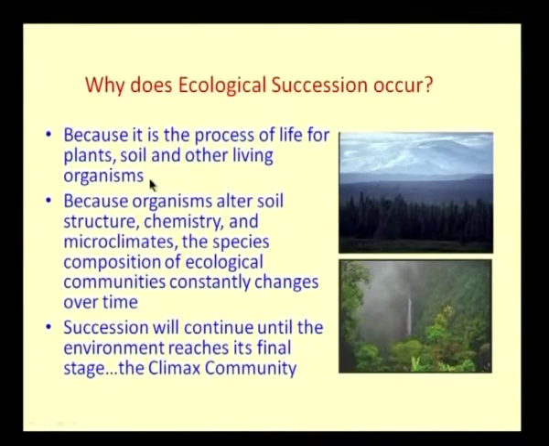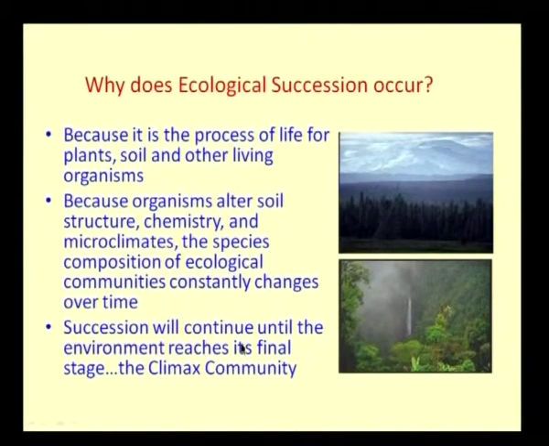And now we look at why the succession process actually happens in the original environments. This is because it is the process of life for plants, soil and other living organisms. It is because organisms alter soil structure, chemistry and microclimates that the species composition of ecological communities constantly changes over time.